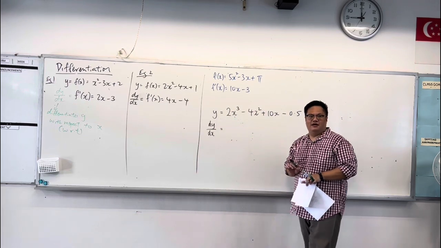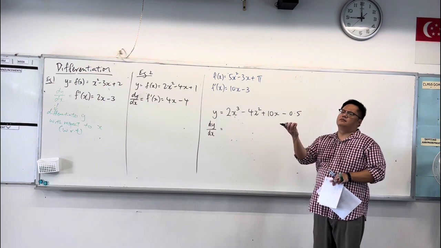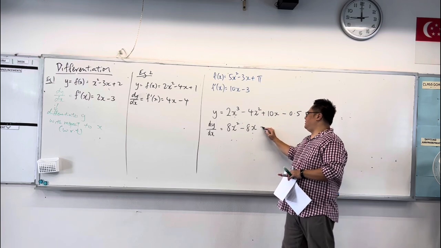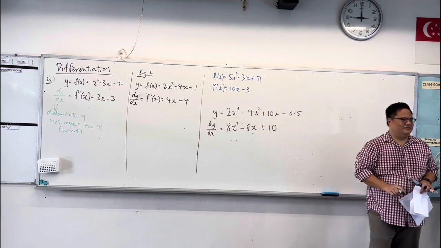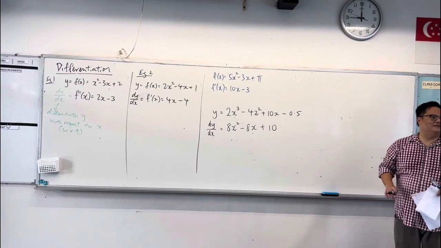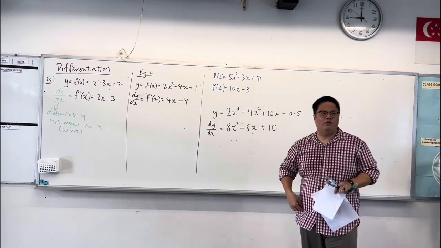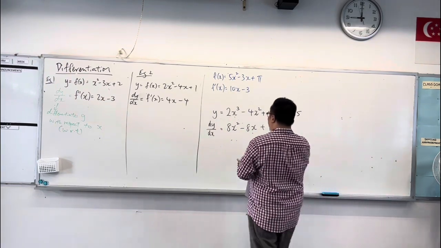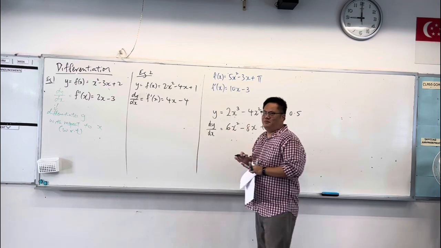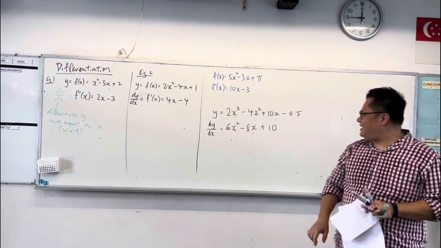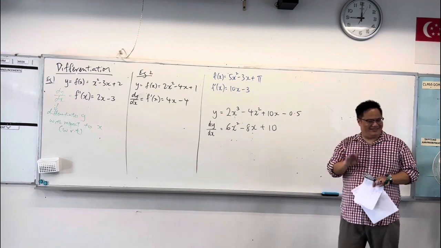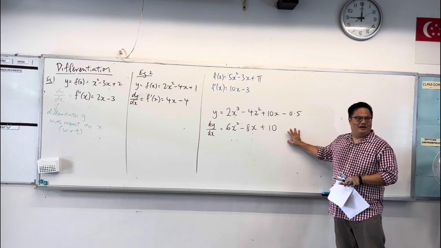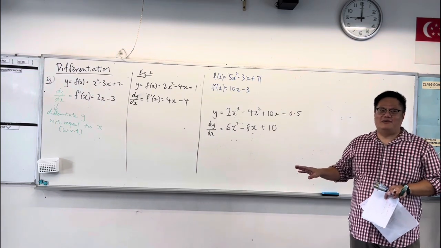Mr. will write down the answer. You observe a pattern, okay? 6x squared minus 8x plus 10. How do you do it, Mr.? Can I be like you? Don't be like me. See the pattern? Some of you are seeing what's happening, some of you are watching what's happening, and some of you are wondering what's happening.